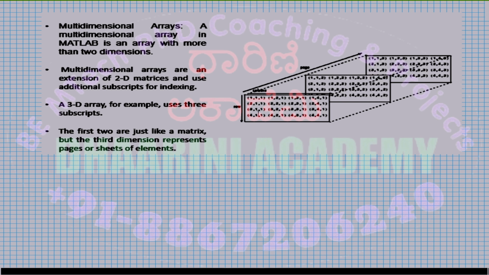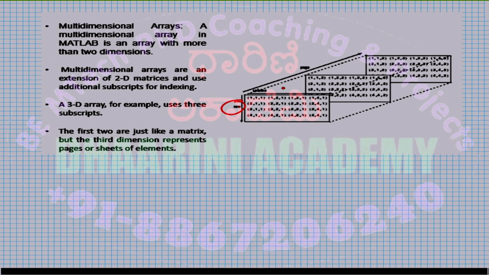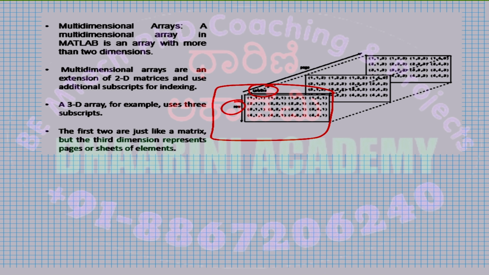On the right side, you can see several pages. The first dimension is row, the second dimension is column. Rows and columns will fill your page. First page is over, then we go for a second page.